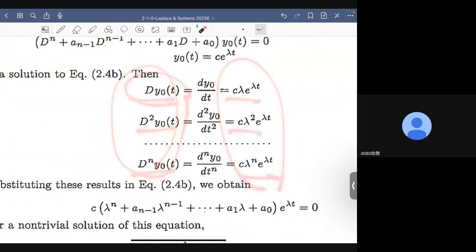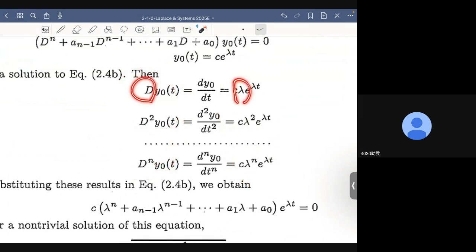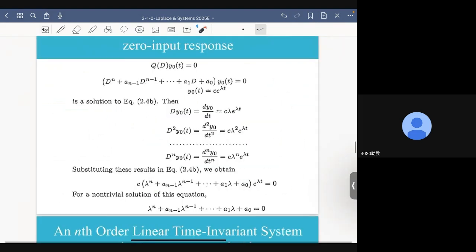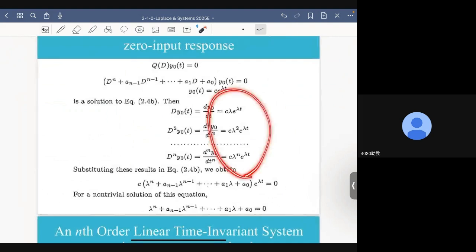Here D, here lambda; here D squared, the double derivative, I have lambda squared. Here the nth derivative, I have lambda to the exponent n, right? Okay, can you see? Please pay attention to such a similarity, okay? Now, if this is the case, I will just plug these results into these equations, okay?